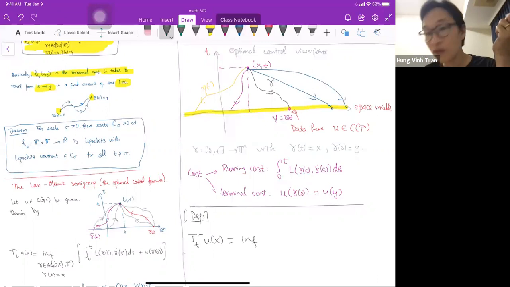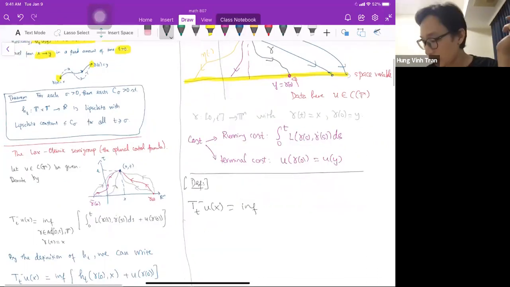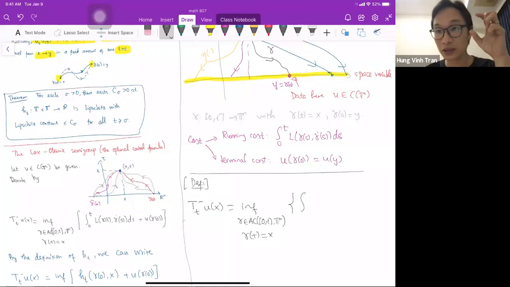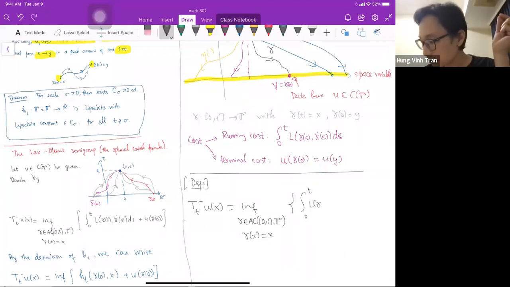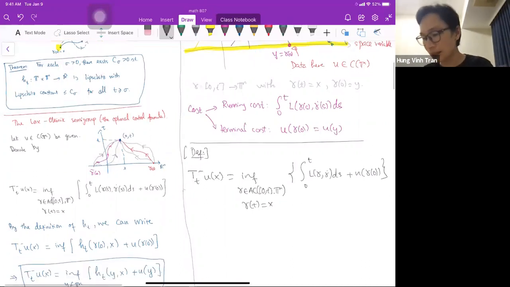So minimize over all possible scenarios, all gamma in absolutely continuous functions from 0 to t to the torus with endpoint gamma t equals x, of the sum of the two costs, right? The running cost and the terminal cost. Okay? Again, it's going backward in time. That's why we write t minus.